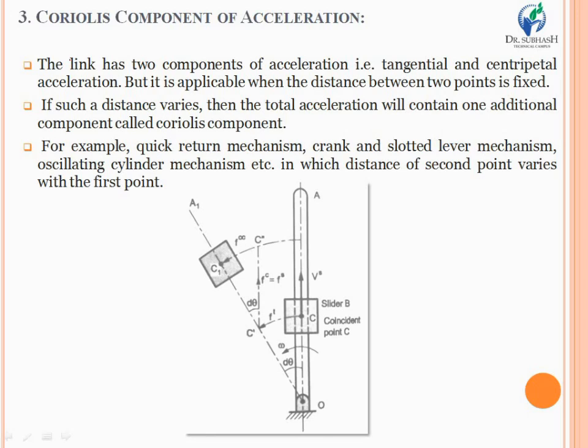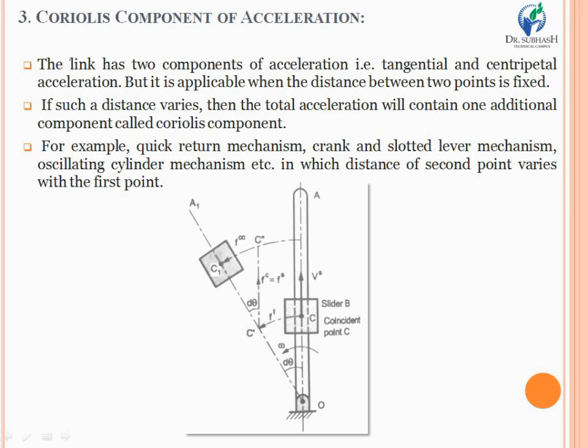But if the distance between 2 points varies, for example the second point which was stationary now slides, the total acceleration will contain one additional component along with the centrifugal and centripetal components of acceleration. The third type of component regarding the acceleration will be introduced, and that will be the Coriolis component of acceleration.